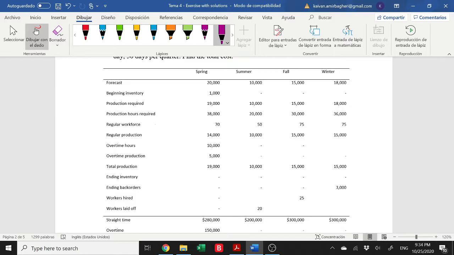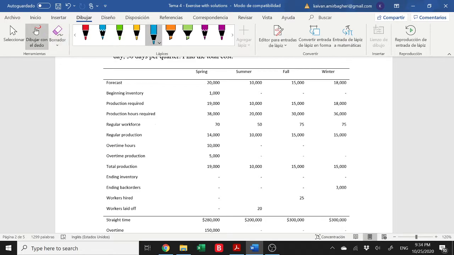So up to here we are at the end of fall. Again, we produced 15,000 to answer 15,000, so we don't have any ending inventory and no back order in this quarter. So now we should go to our winter.